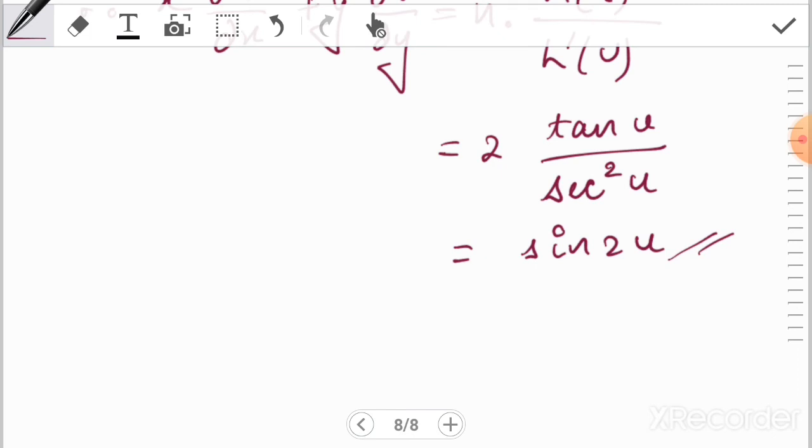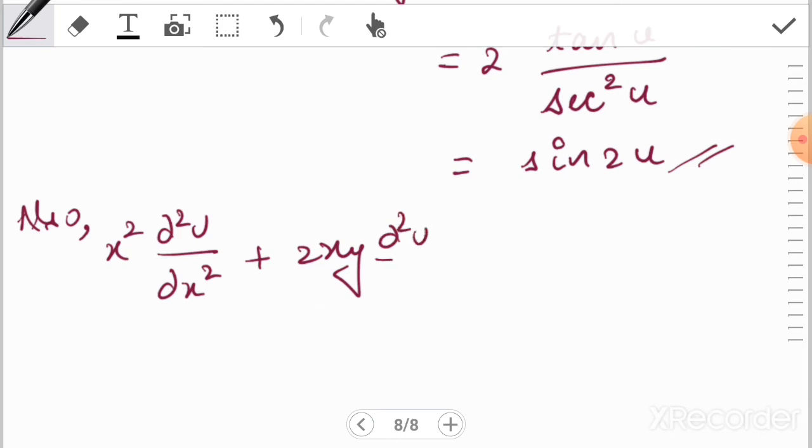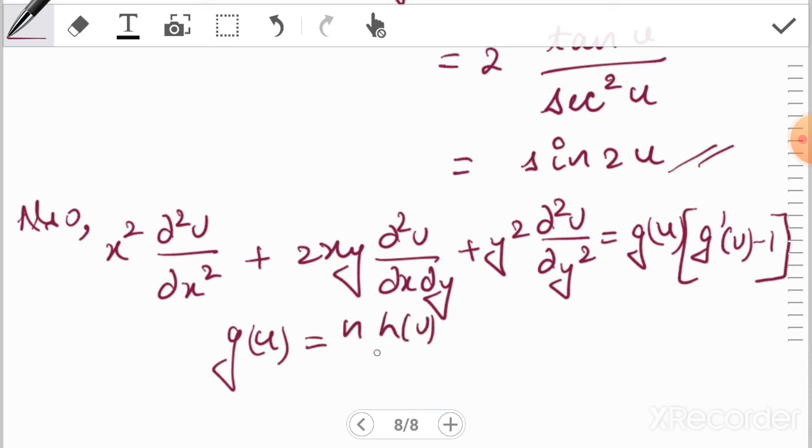And also x square del square u by del x square plus 2xy del square u by del x del y plus y square del square u by del y square is equal to g(u) times g dash u minus 1, where g(u) is n H(u) by H dash u.